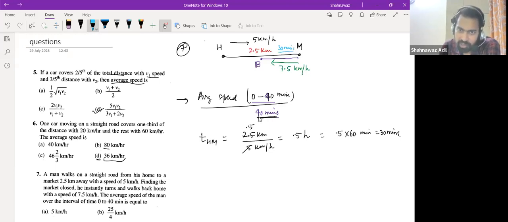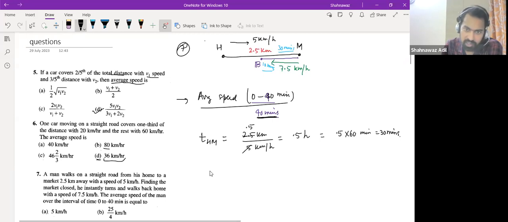Now the total time is 40 minutes, right? So we can calculate how much time is from market to this B point. How much time is remaining? From here to here it is 30. Total time is 40. So how much would be this market to this B? 10 minutes, right? So here the time is 10 minutes. We know the time, we know the speed, so we can calculate the distance, right?